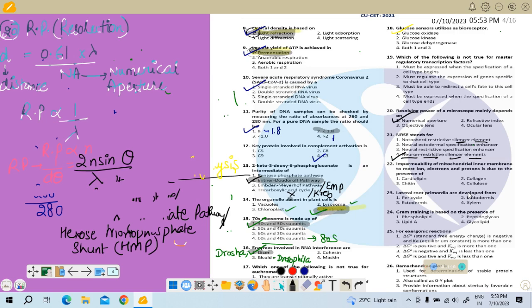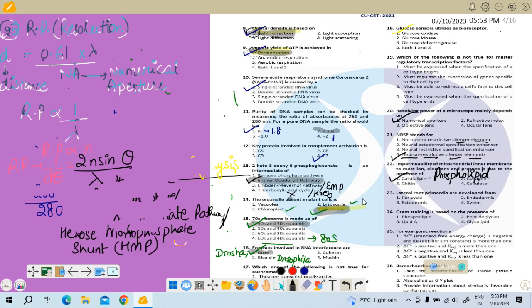Okay, so collagen cannot be there. It is not for inner membrane for permeability or impermeability. Then, if you know cardiolipin, that is a phospholipid. In membranes impermeability, phospholipids are there.